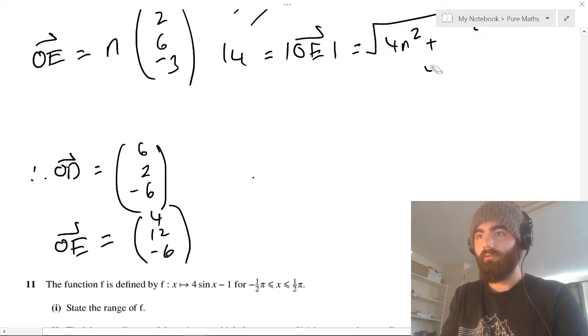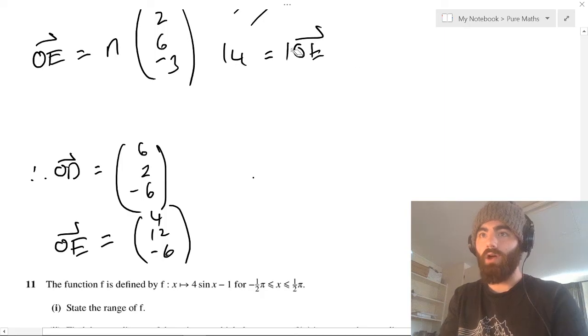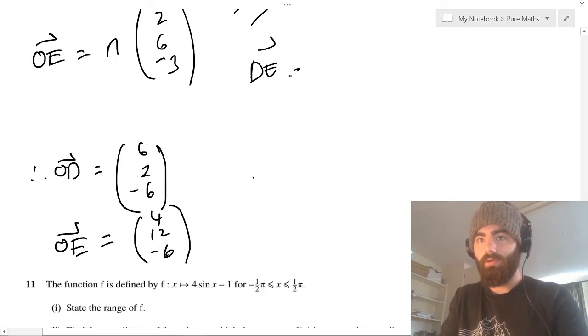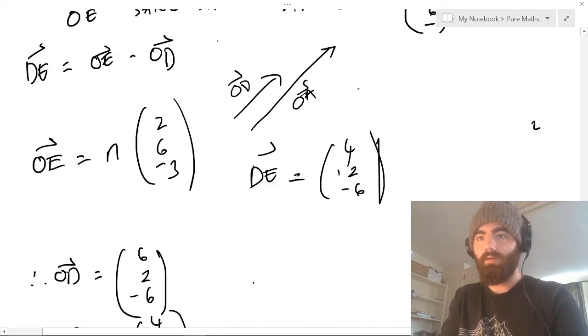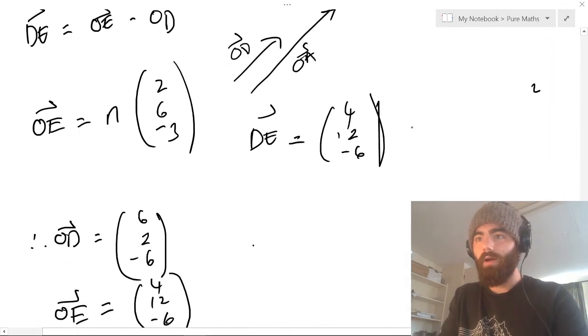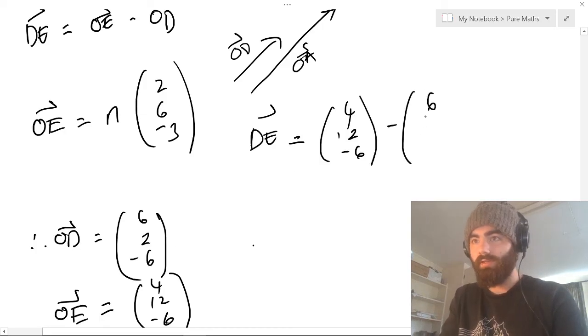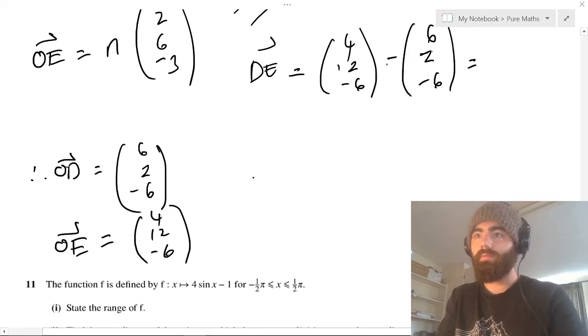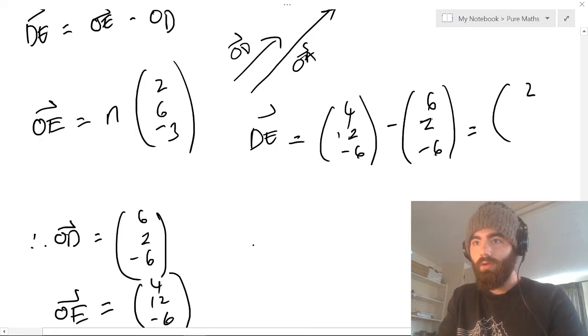Now because we found our OE and our OD, we can find DE, which is just going to equal 4, 12, minus 6 minus 6, 2, minus 6. What does it want, the magnitude? Okay. And that gives us 4 minus 6 is 2. 12 minus 2 is 10.